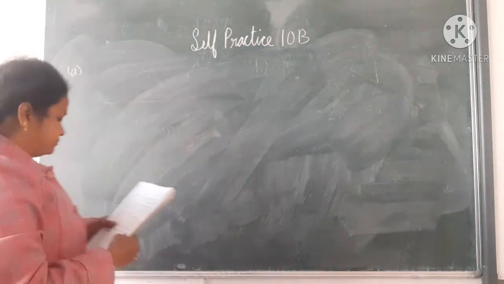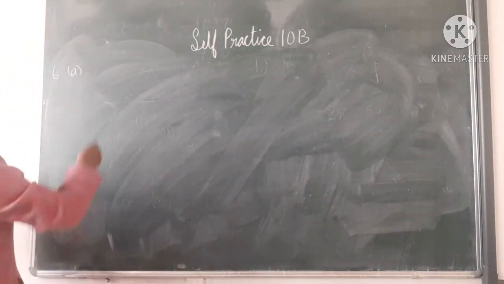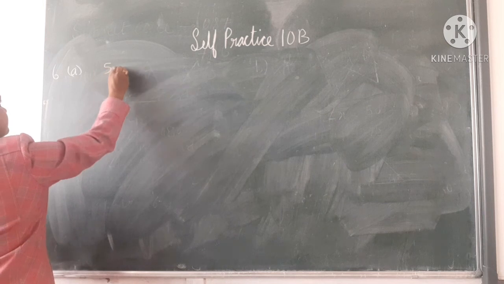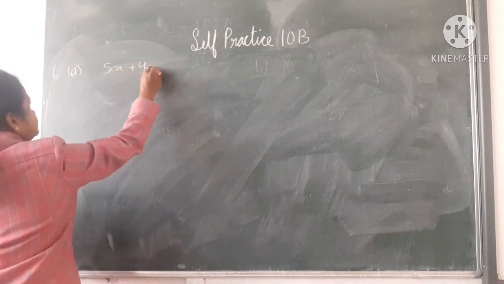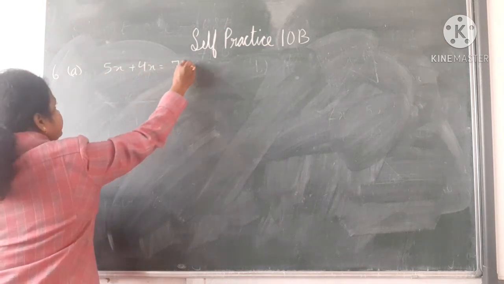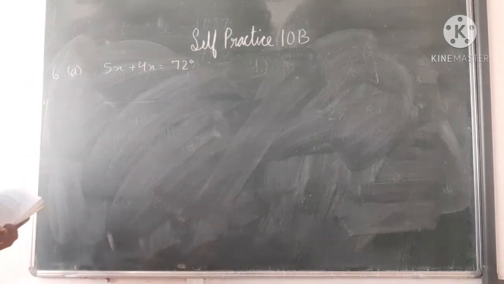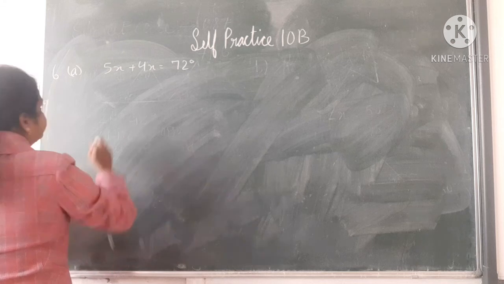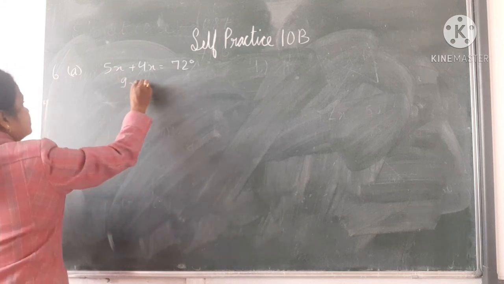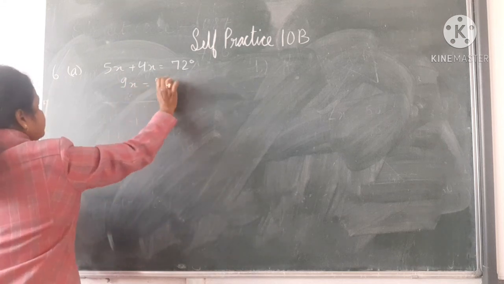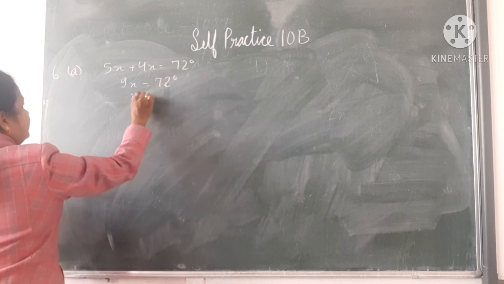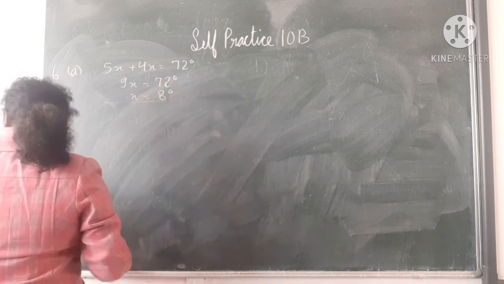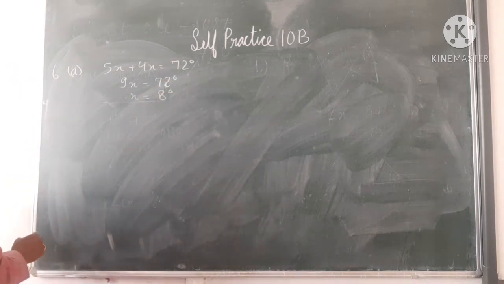Now see, you will have 5x plus 4x is equal to 72 degree, because one alternate angle is being formed. So what you will get? 9x is equal to 72 degree. So x is equal to 8 degree. Okay, x is equal to 8 degree.